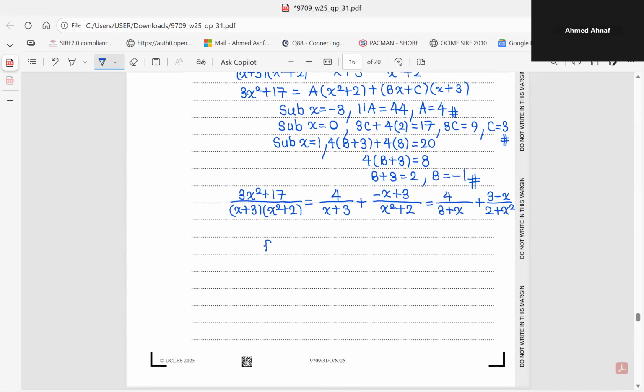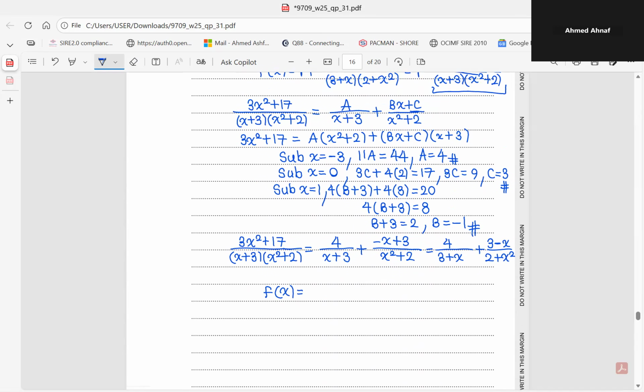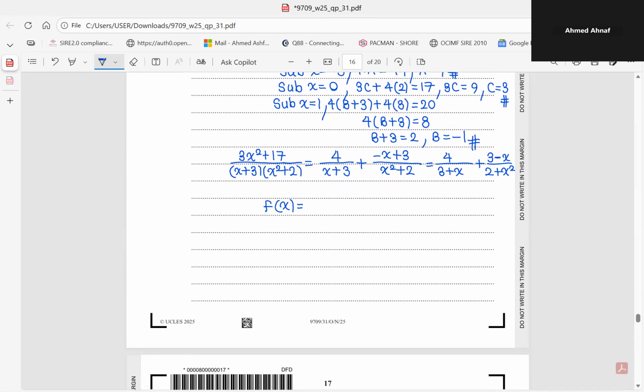So we can finally express f(x) in partial fractions as 1 minus 4 over 3 plus x plus (3 minus x) over (2 plus x squared), which equals 1 minus 4 over 3 plus x minus (3 minus x) over (2 plus x squared).